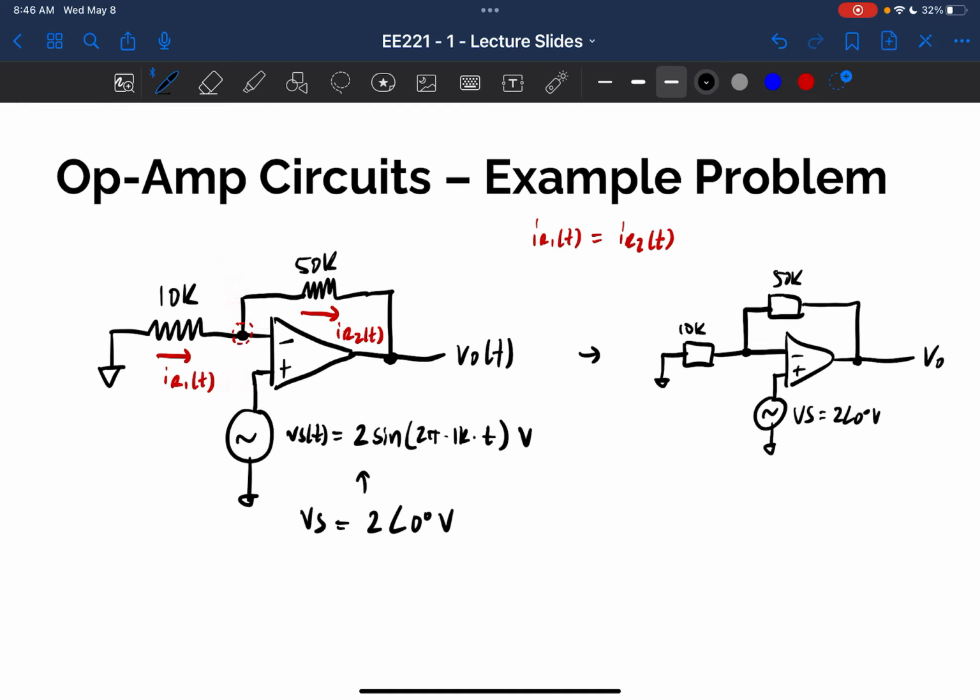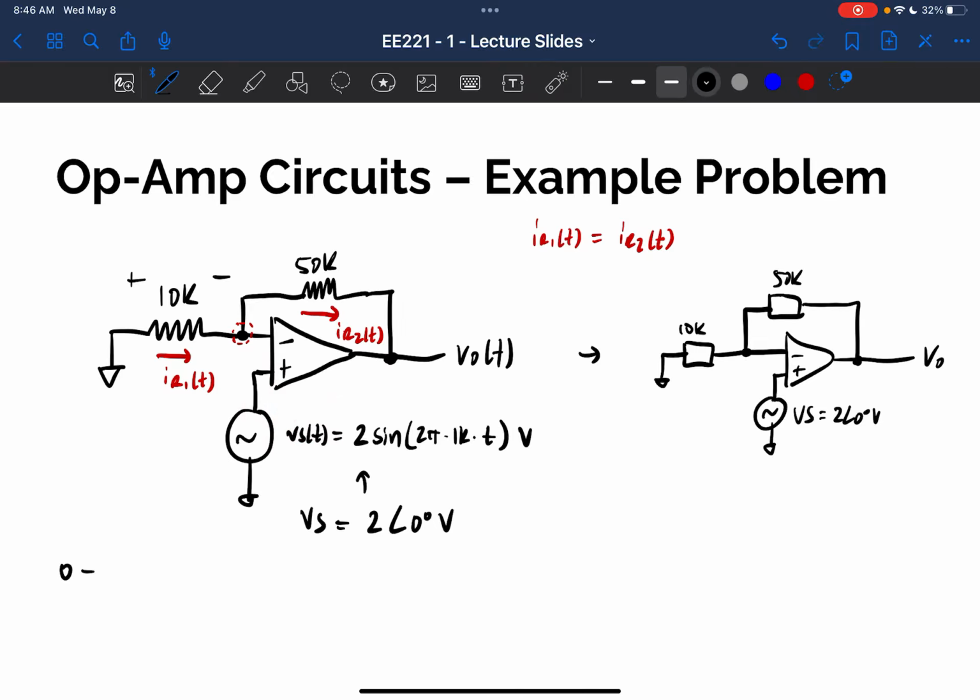So let's go ahead and write it out. We've basically got, across the 10K, we've got IR1, which is going to be 0 on the left, right? I'm writing the voltage across it this way. I've got 0 volts on the left, minus the voltage at the minus terminal of the op-amp, which has to be equal to the voltage at the plus terminal of the op-amp.